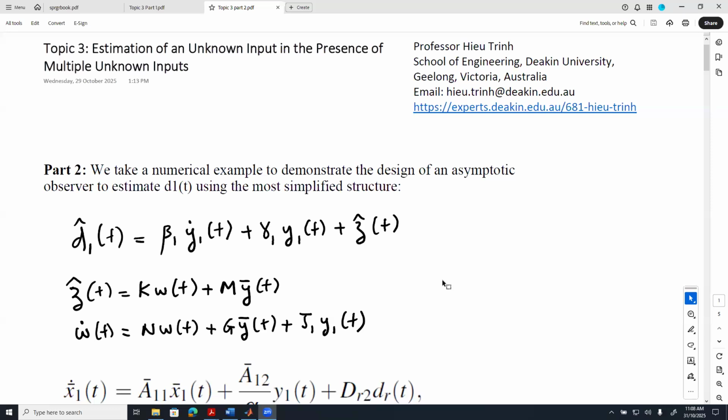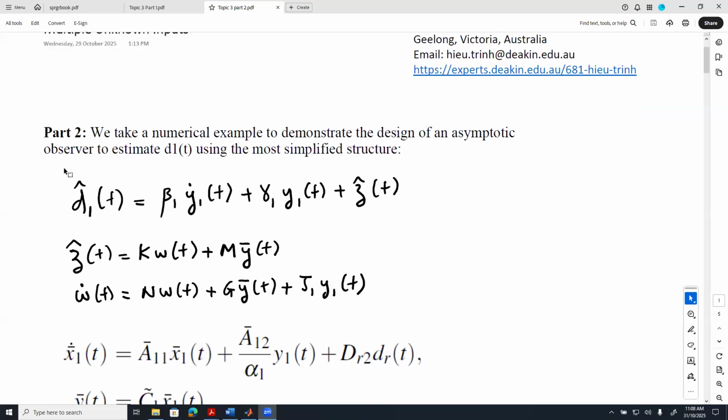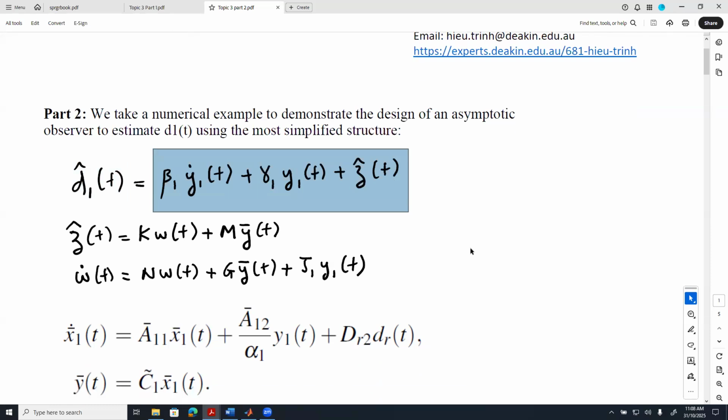So we propose to have the unknown input D1(t) estimated based on this simplified structure, which we discussed in our previous presentation, part 1.